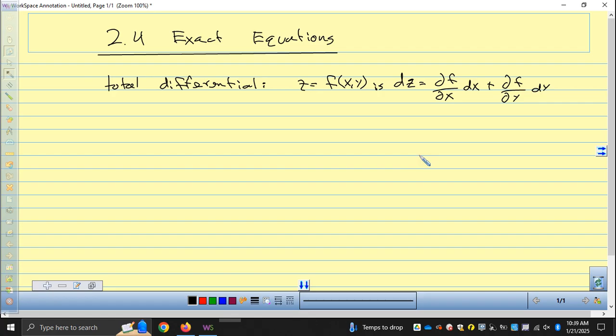And the context that we had then was we were using the change in the height of the tangent plane to approximate the change in a function.